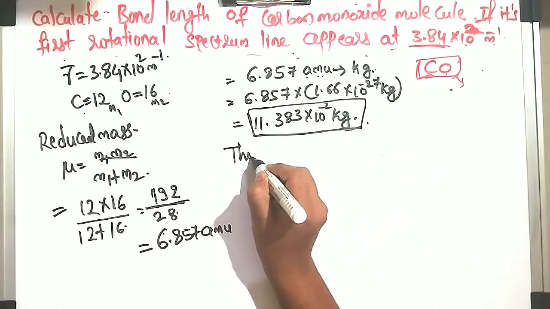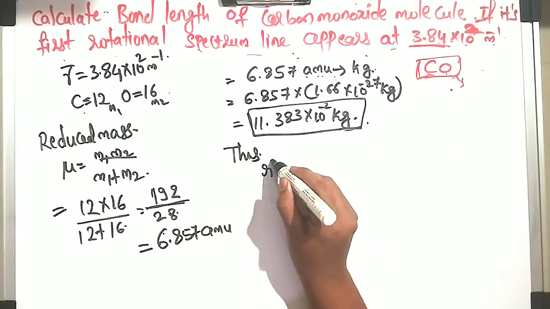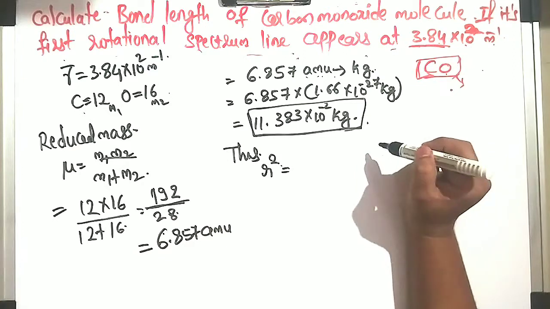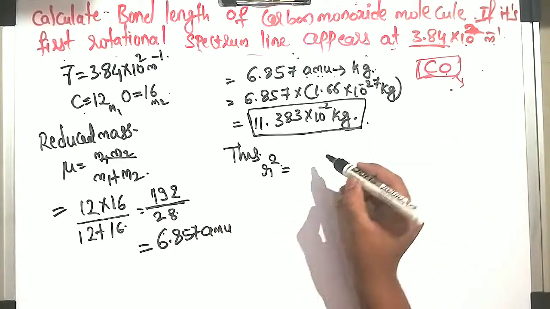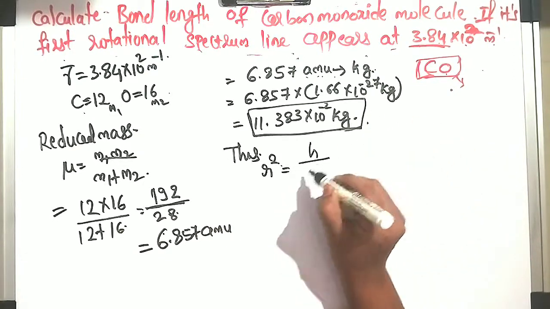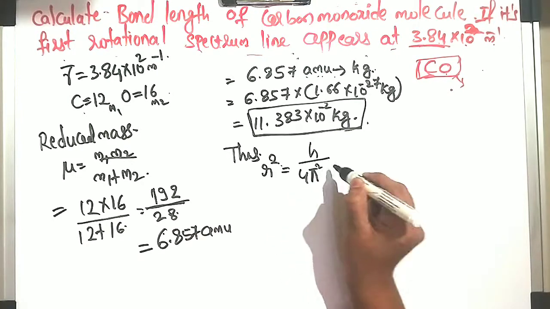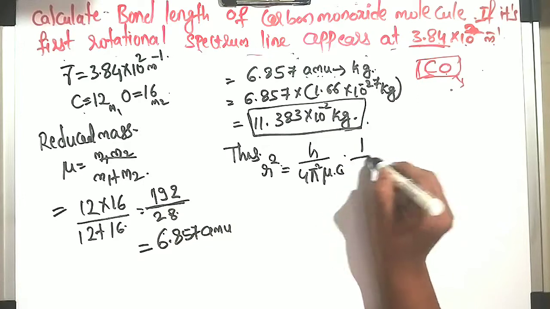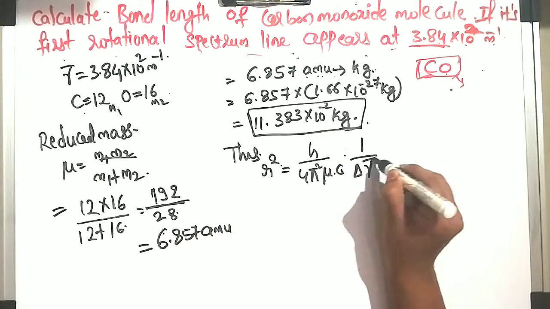Okay, so now we have R square. We know the bond length equation, we have just seen it. So R square is h divided by 4 pi square mu into c into 1 divided by delta nu bar.